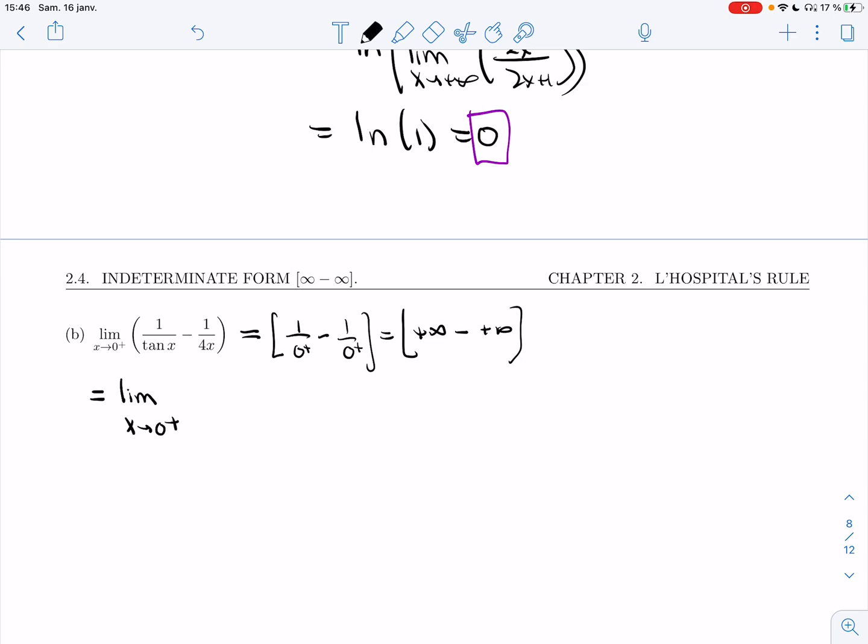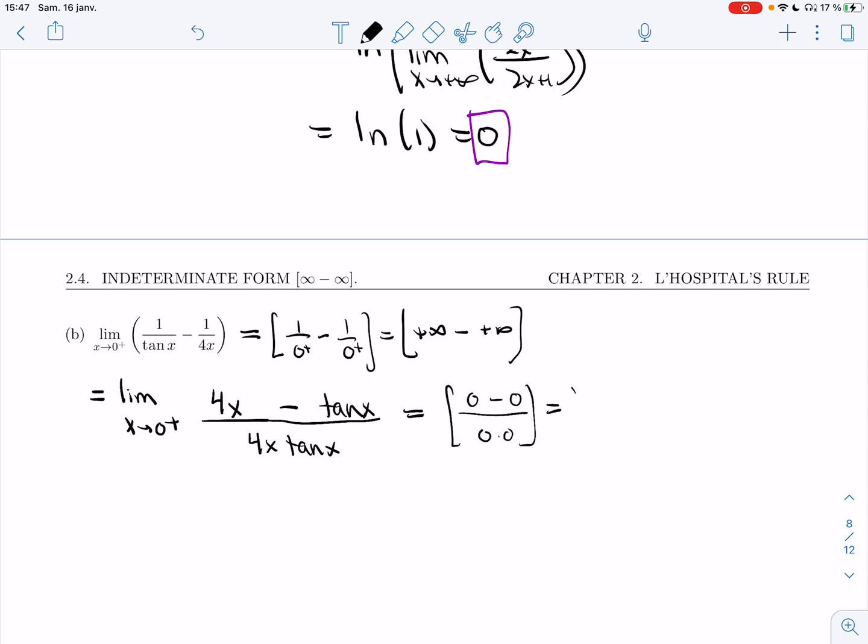So I'm going to do common denominator. I'm going to have 4x over tan of x, so 4x minus tan of x.